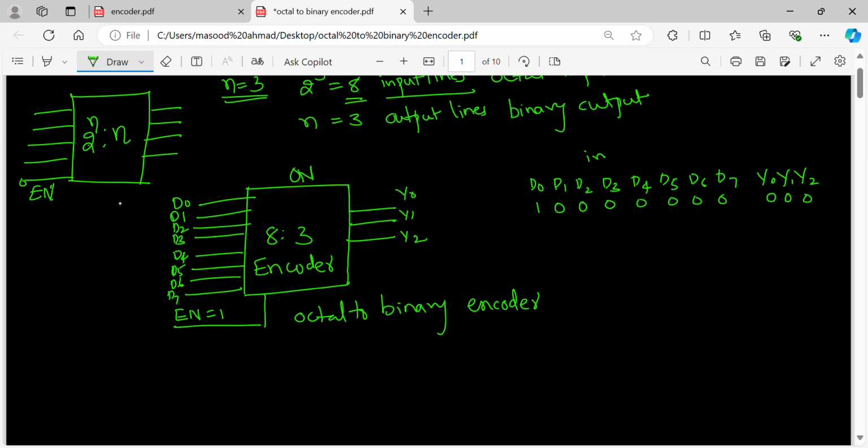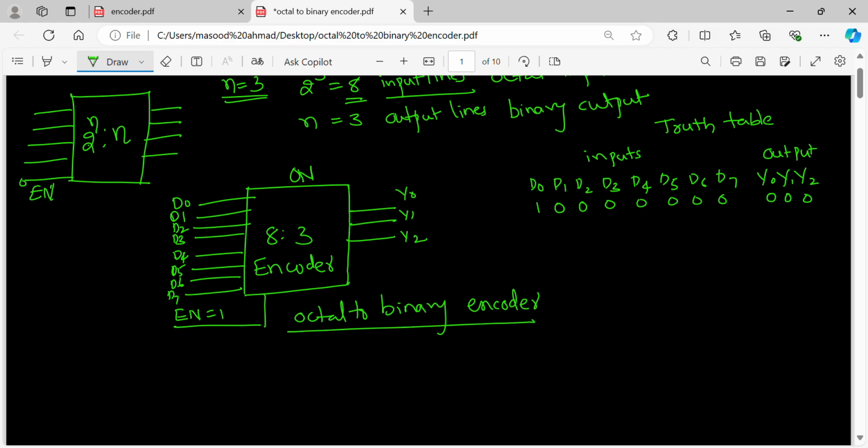The input-output relation is known as the truth table, the truth table of the octal to binary encoder.